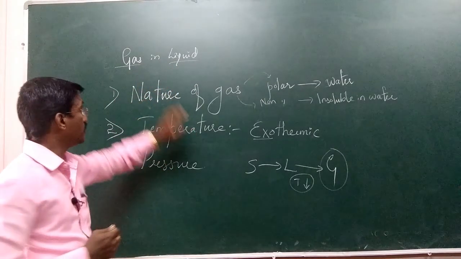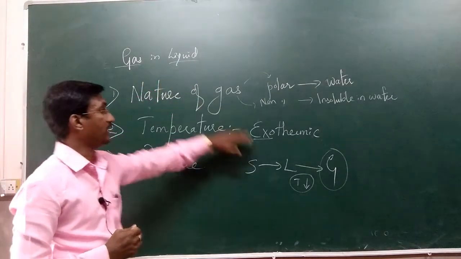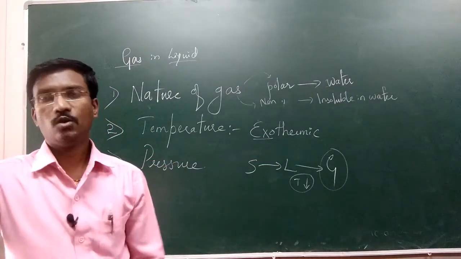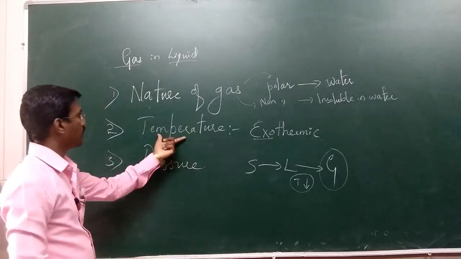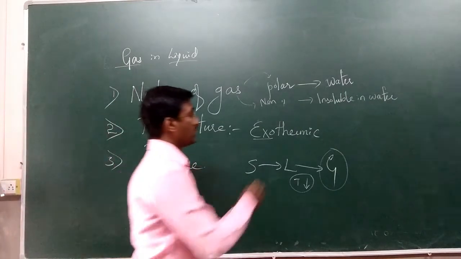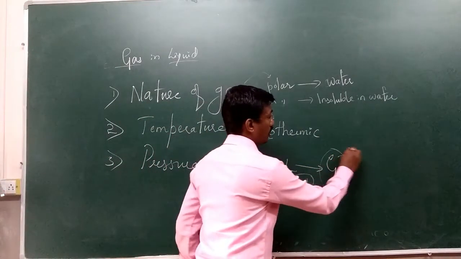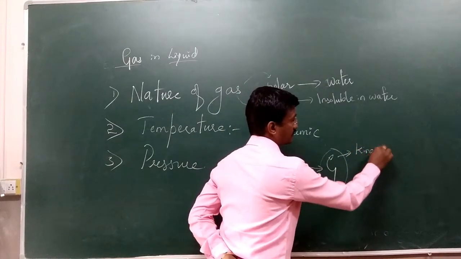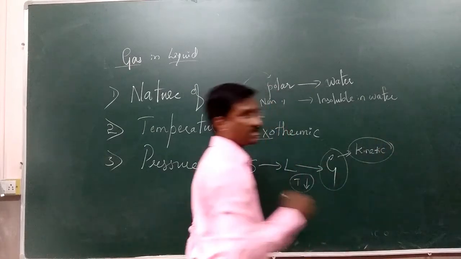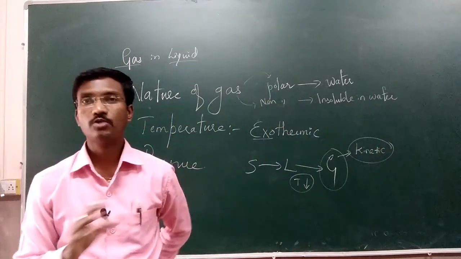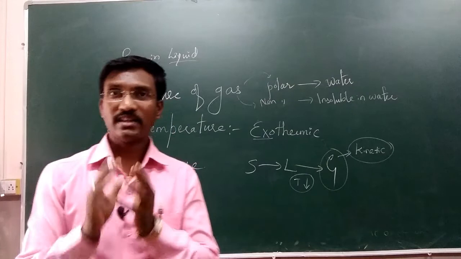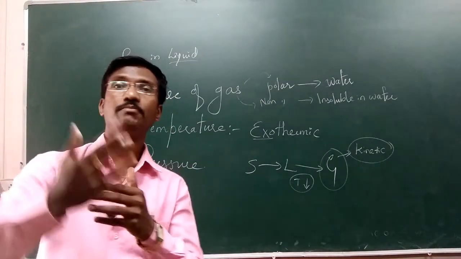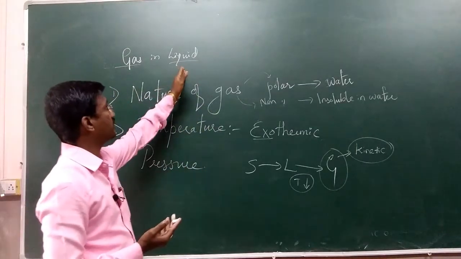Why? Because the dissolution of gas in a liquid is an exothermic process. As we increase the temperature, the gaseous molecules gain greater kinetic energy. Kinetic energy increases, means they begin to run; the molecules undergo fast movement. At that time they have the chance to escape from the liquid solvent.